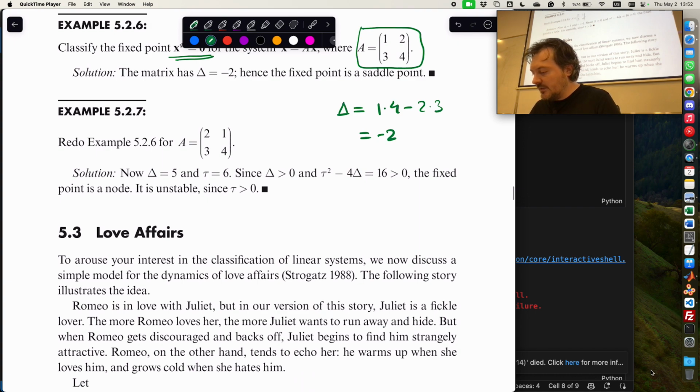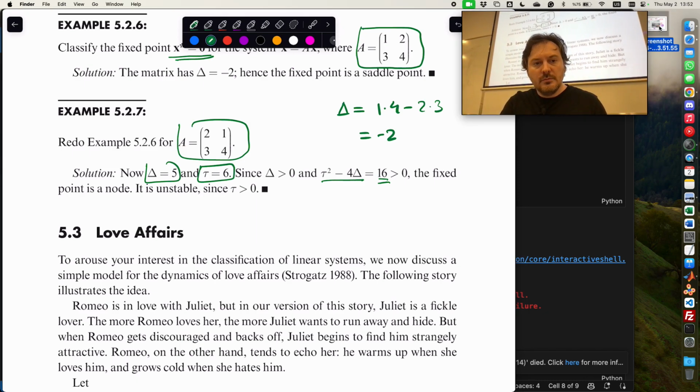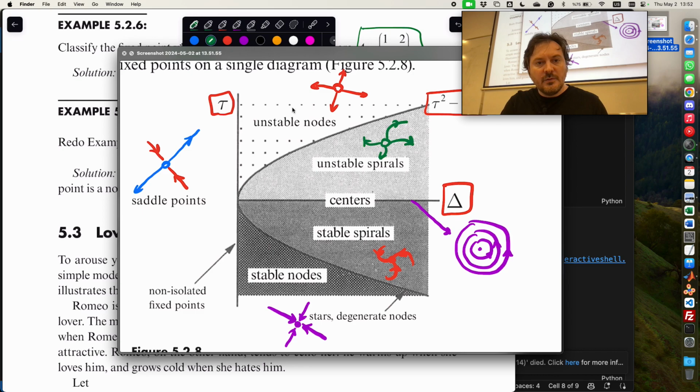So that's how easy it becomes. For example, for this one, delta is 5 and tau is 6. So tau squared minus 4 delta is 16. So the fixed point is an unstable node, right? Because it's somewhere here. Does it make sense?